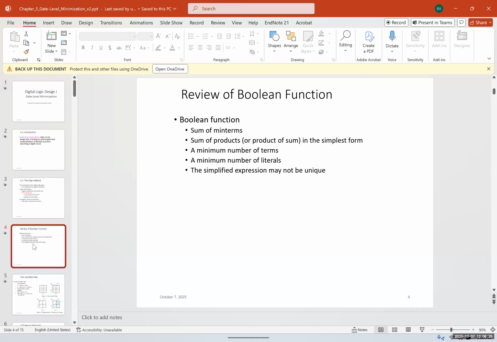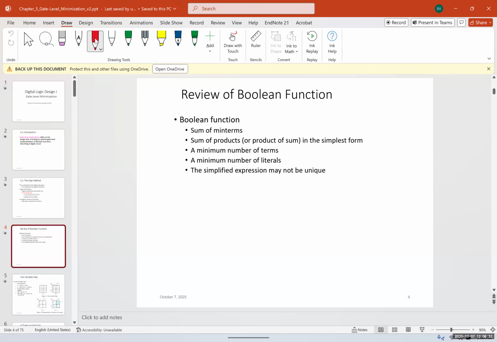Sometimes in some books we show it with SOP, sum of products. Or the product of sums, or product of maxterms, which we call POS, the product of sums.